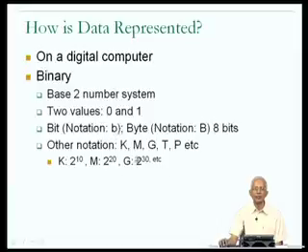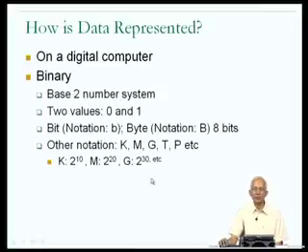Similarly, uppercase M stands for 2 to the power 20, G stands for 2 to the power 30, T stands for 2 to the power 40, etc. K is described as kilo, M as mega, G as giga, etc. You can find out the words that correspond to T, P, and beyond on your own. I leave that as a little bit of work for you.